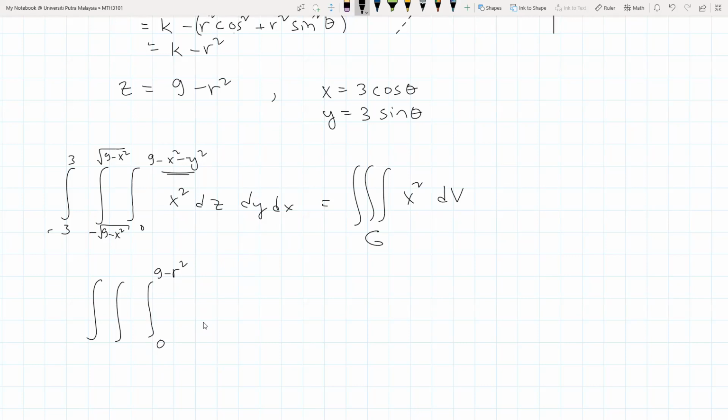And then I need to change x squared, so that one becomes r squared cosine squared theta. And then the dz is just dz. So the position doesn't change at this time.